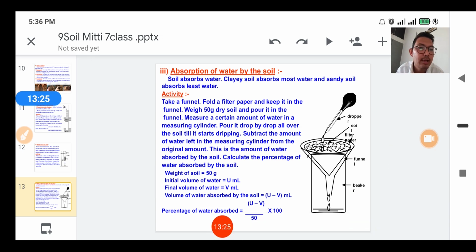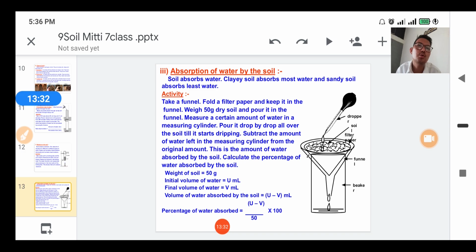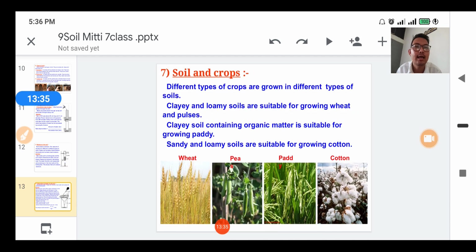So percentage is equal to (U minus V) upon 50 into 100. So this is how you can do it very easily at your home.